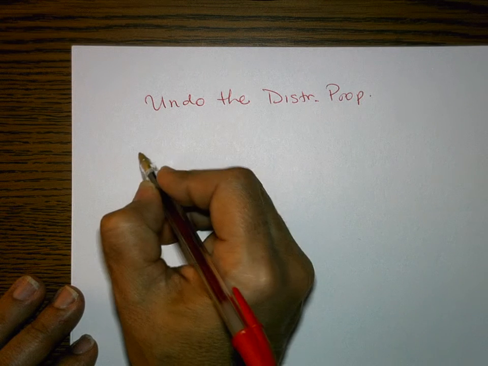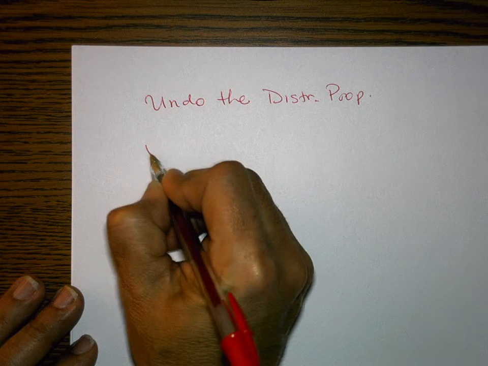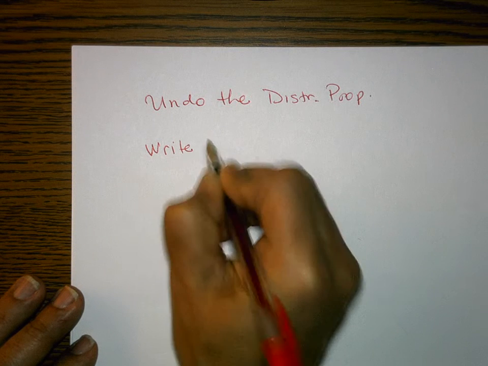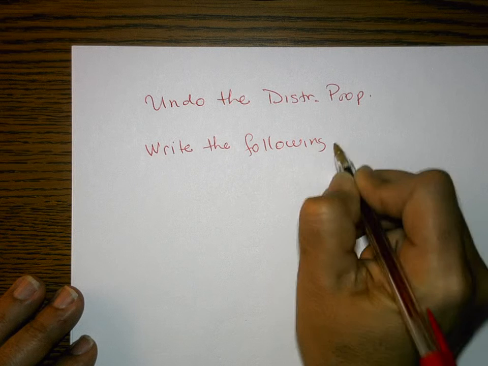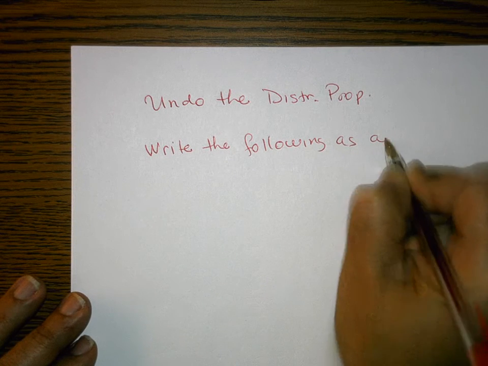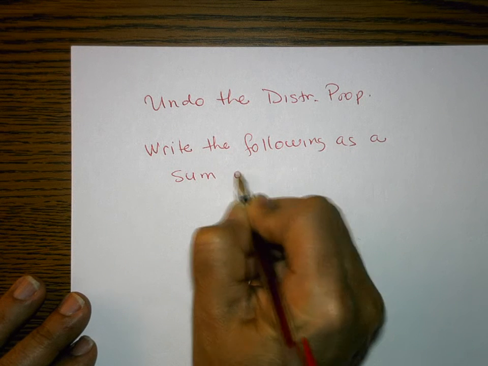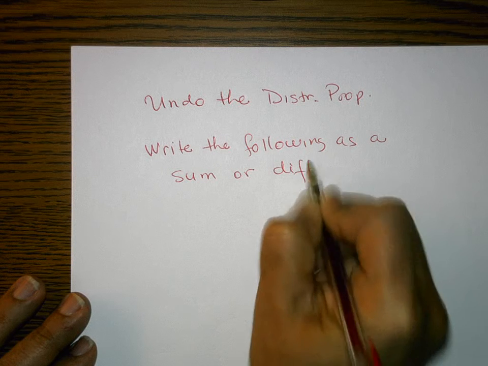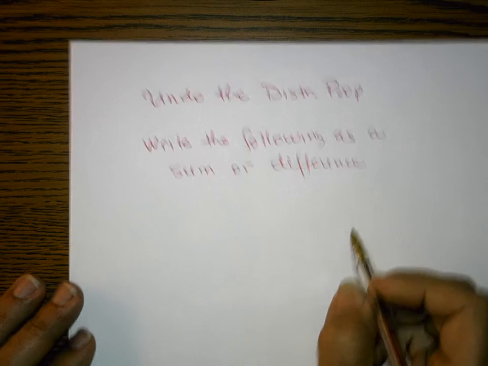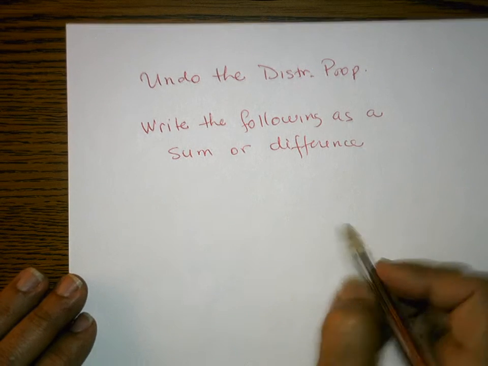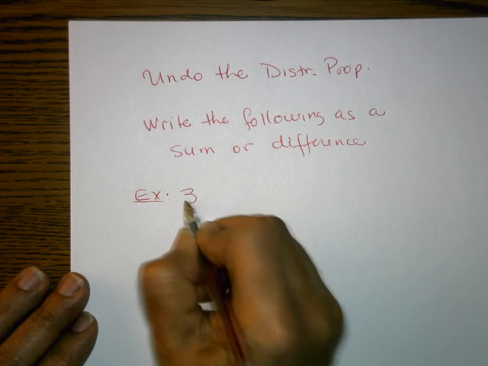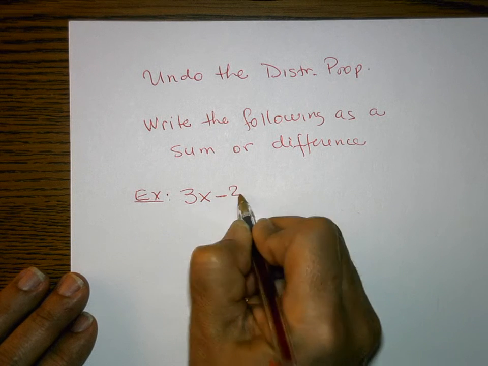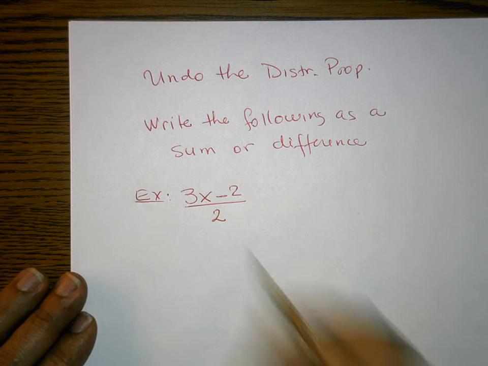And the problem asks us to rewrite or write the following as a sum or a difference. So they're going to give me a problem. Let's create an example right here. Let's do 3x minus 2, all that divided by 2, okay?